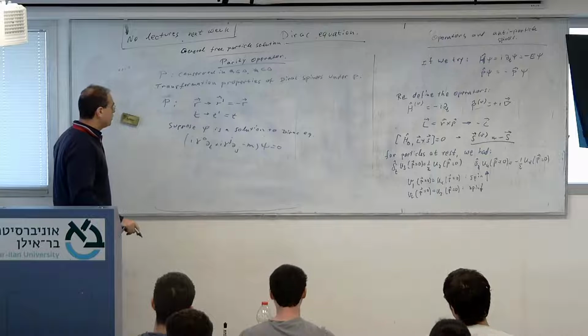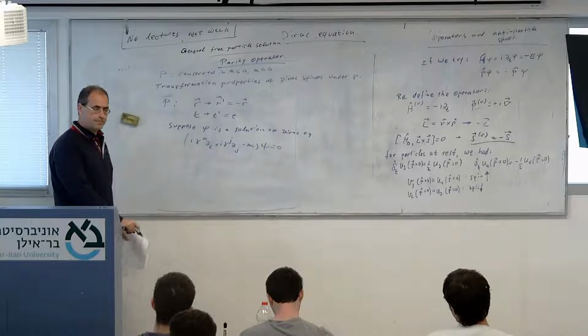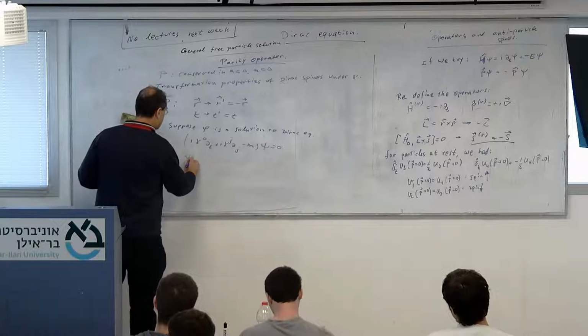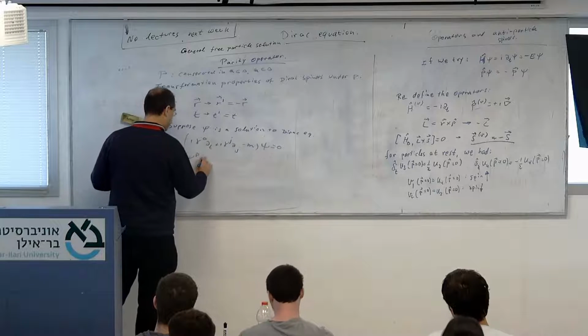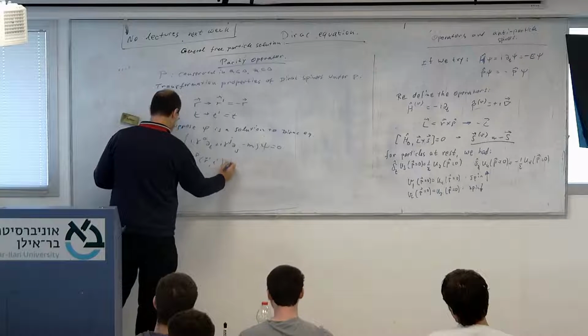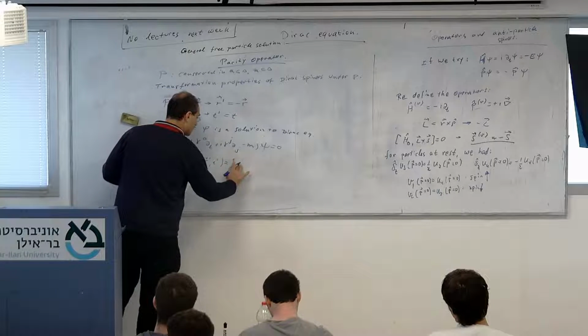So let's say that we operate P on psi, and the result I'm going to call psi_P. So psi_P of r prime and t prime is P acting on psi.